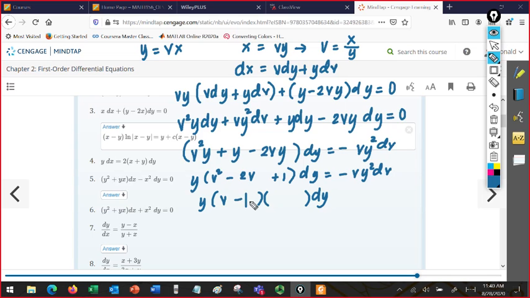This is v minus 1 quantity squared. Then, pag pinaghiwalay na, dy over y equals negative v dv all over v minus 1. So, mahaba pa siya.